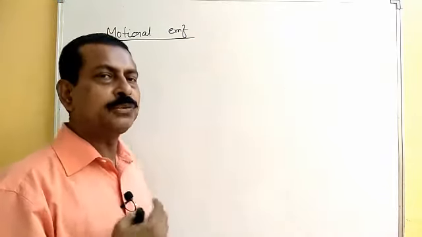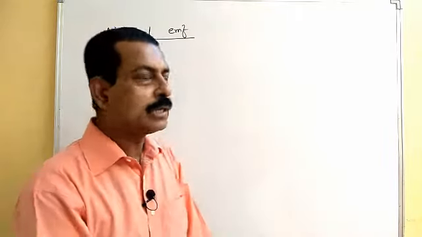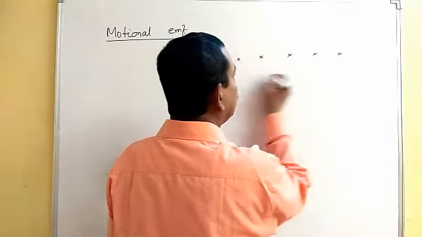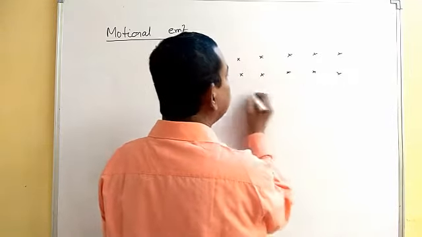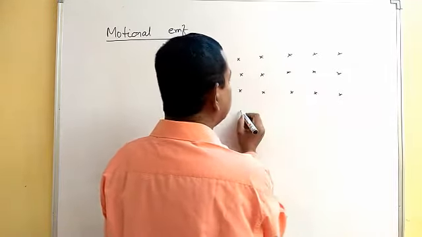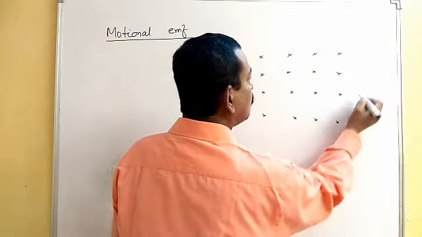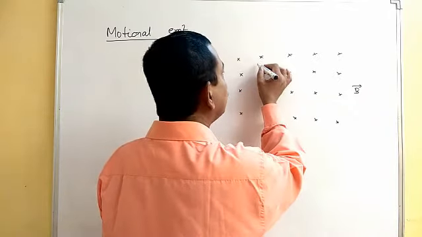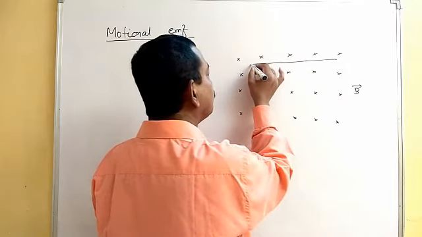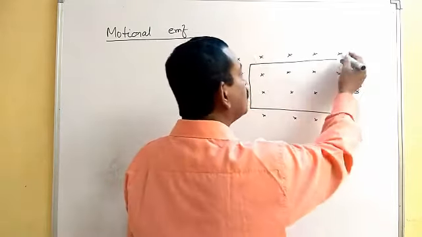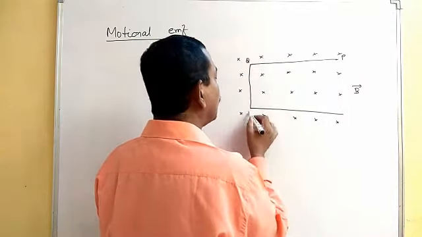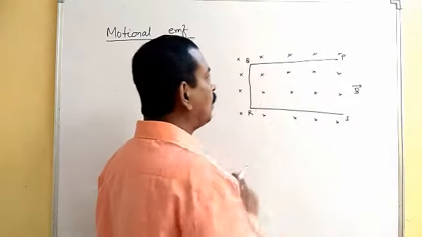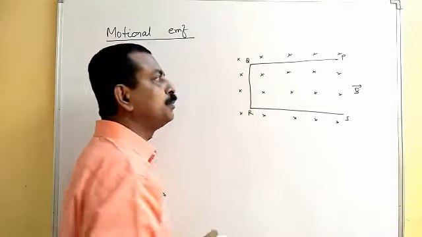There is another way in which we can get the expression for this motional EMF. Here we again assume a region of magnetic field directed into the plane of the board, and suppose this is represented as B. We have a U-shaped track, like P, Q, R, S. These two are the parallel ones, and this is the one which is connecting these two parallel tracks.